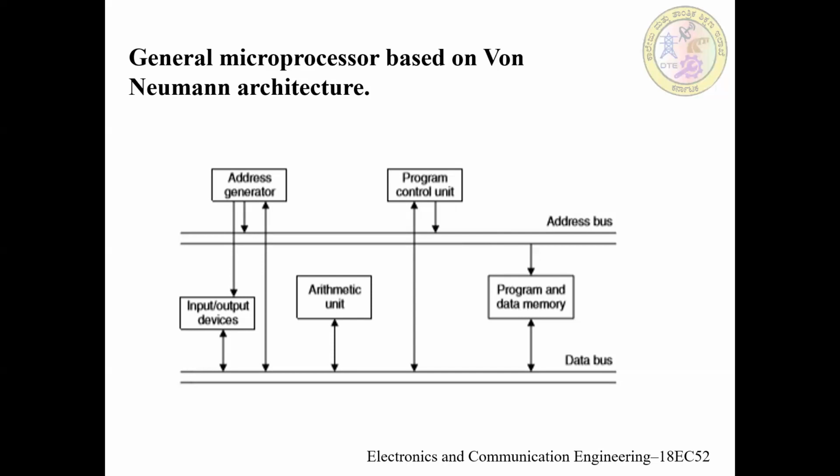As we check here, the von Neumann architecture operates the cycles of fetching and execution by fetching an instruction from the memory, decoding it through the program control unit, and finally executing the instruction.